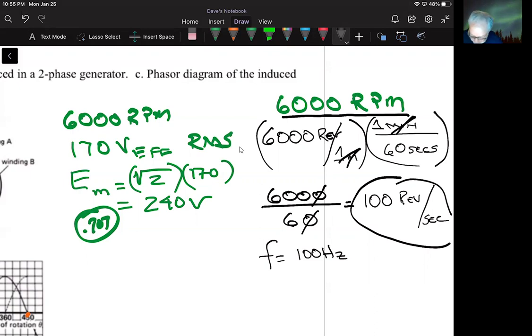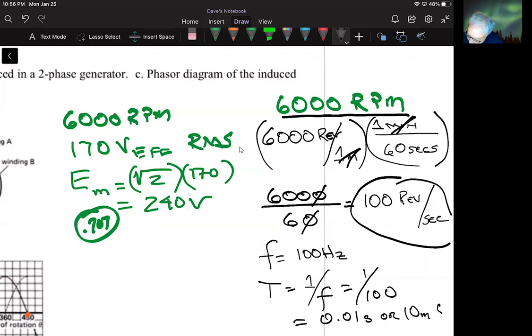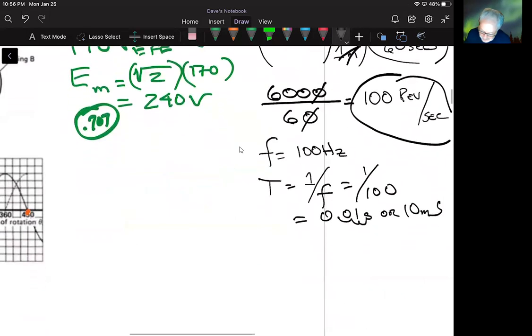And so if I'm trying to figure out the time, that is 1 over F, right? And then 1 over 100 is equal to 0.01 seconds, or as he tells us in the text, 10 milliseconds, right? 1, 2, 3 places, 10 milliseconds.